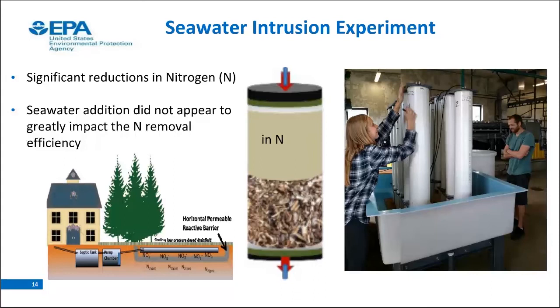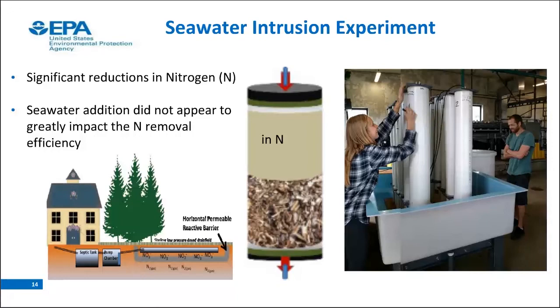In any case, these show a lot of promise for being an inexpensive, low-maintenance way to remove nitrogen. But there's a lot of concern in the coastal system that with sea level rise, these systems may get more seawater inundation. And so we wanted to conduct an experiment to evaluate whether that would impact the performance of these.